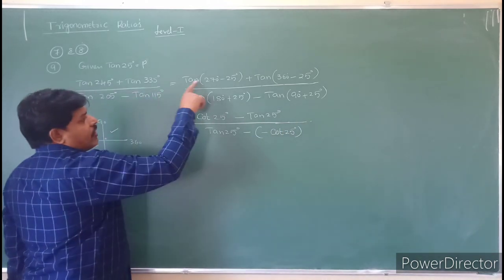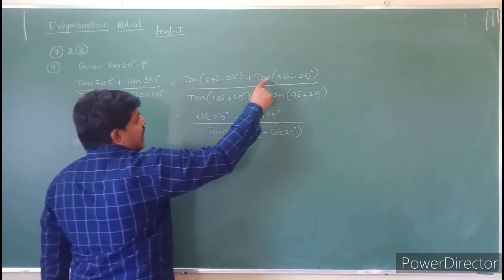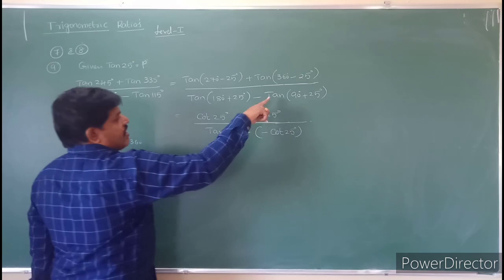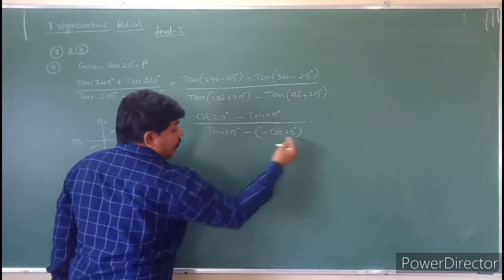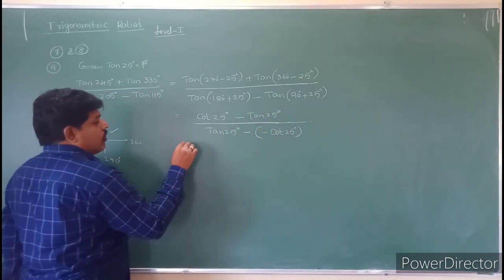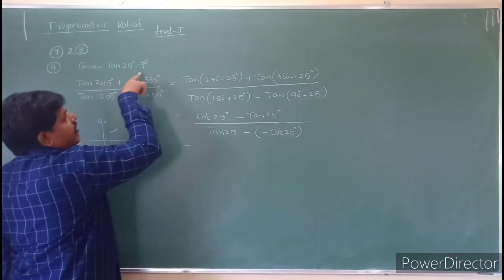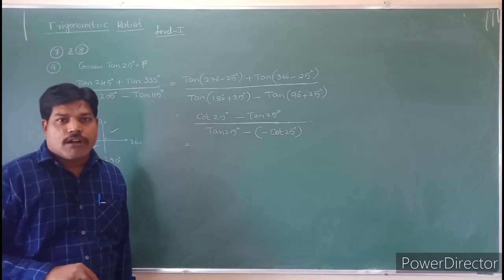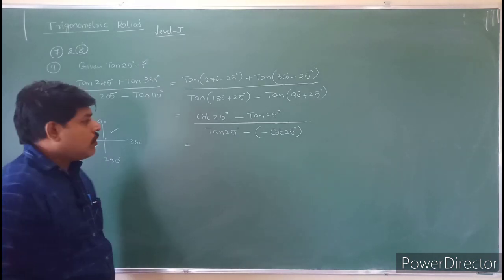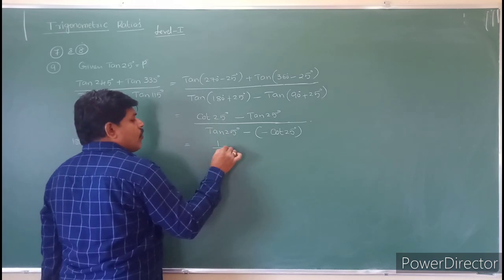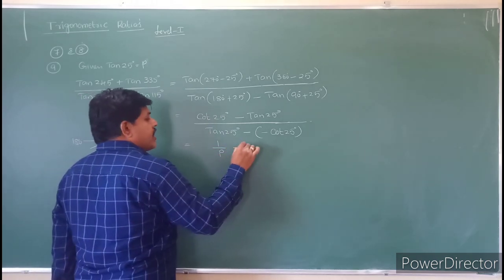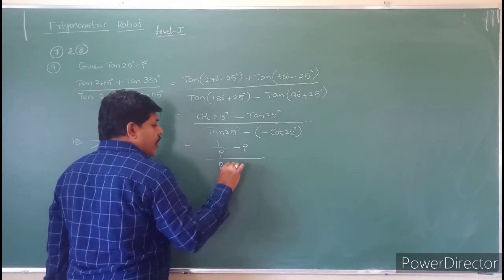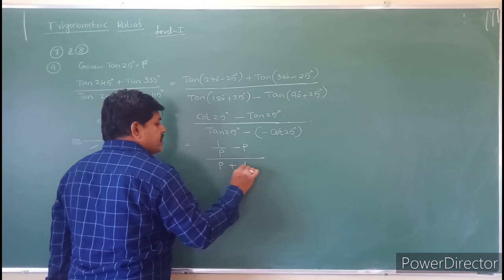See this one, students: tan 270 minus theta is cot theta, tan 360 minus theta is minus tan theta, tan 180 plus theta is tan theta, tan 90 plus theta is minus cot theta. So tan 25 is p. Cot is the reciprocal of tan, yes or no? So cot 25 is 1 by p. Minus of minus plus, and tan 25 is p.